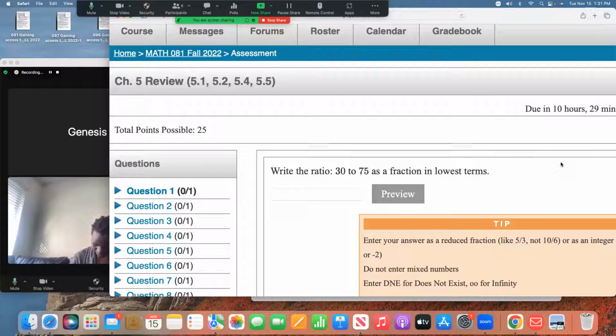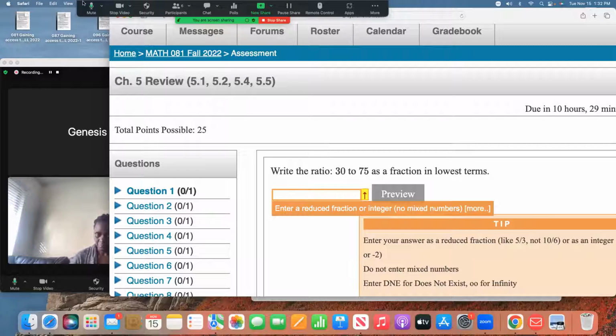So we would divide 30 by 5 and we get 6 on top. And we would divide 75 by 5, and we get 15. Now, I've got this down to 6 over 15, but I don't think they're going to like it.